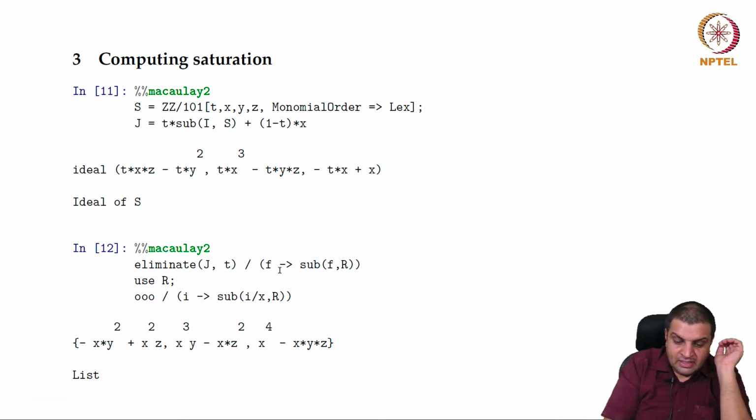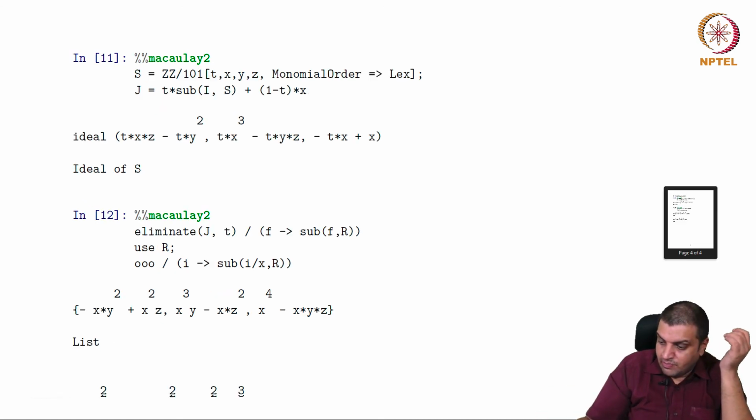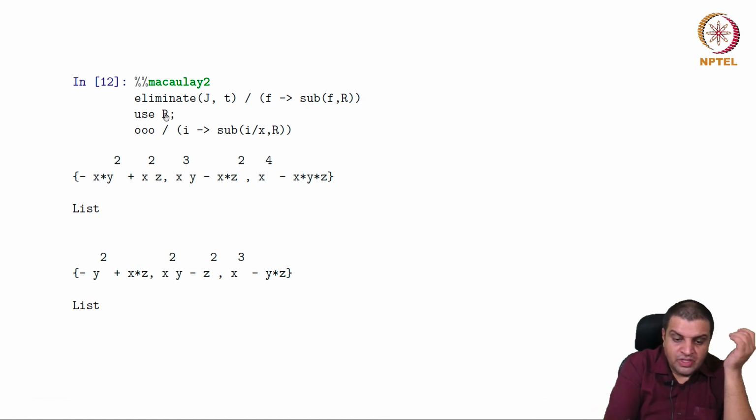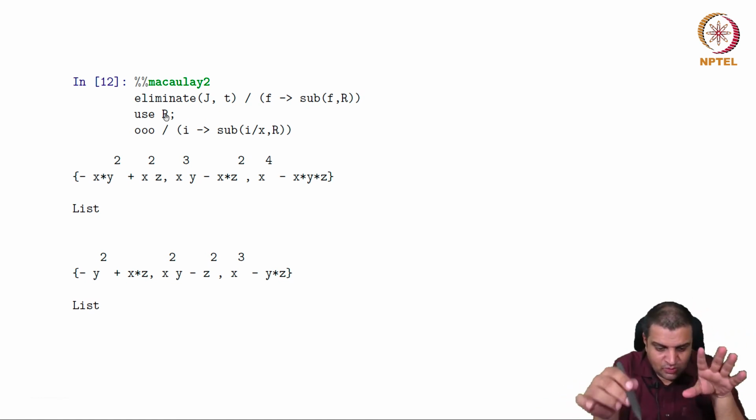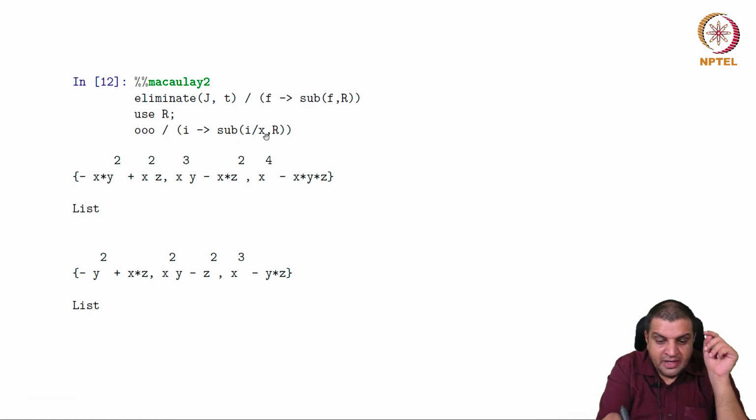Eliminate j comma t is this list, but thought of as elements of S. So we're just using sub again to convert it to elements of R. Use R just to say now the variables refer to those of R, and then we ask it to divide these elements by x. So the triple O refers to not the previous output, but the output before it, which means the output of this list.